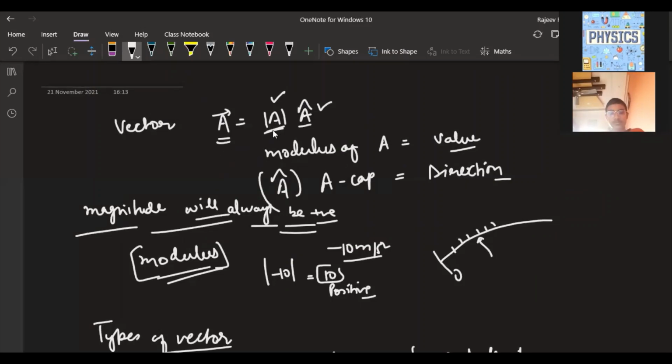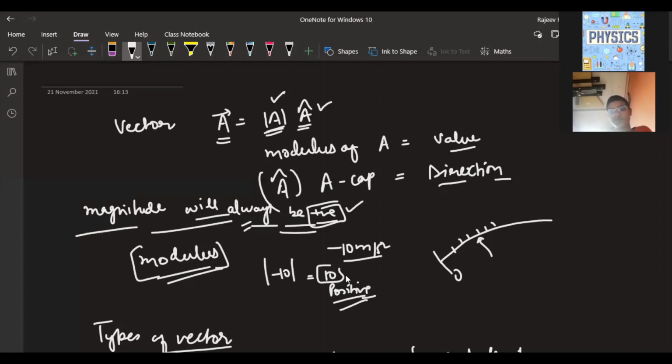So a vector has two components. One is the magnitude and one is the direction. Magnitude is always put inside the modulus so that it is always positive. The quantity put inside the modulus is always positive.